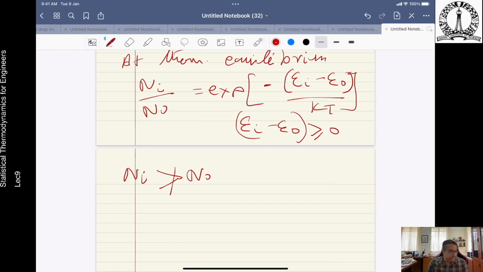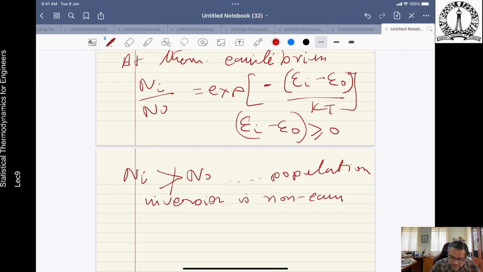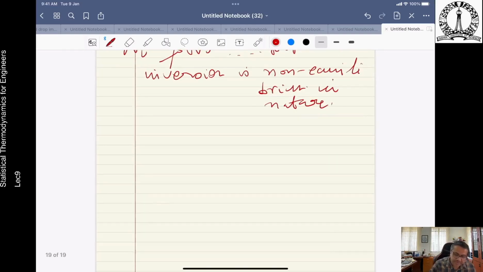This also implies that population inversion is non-equilibrium in nature. It's not an equilibrium situation. I think this is quite clear from this estimate, whatever we have shown here.